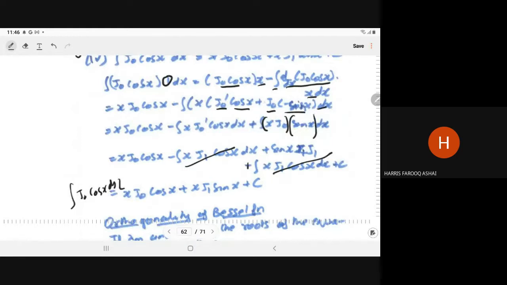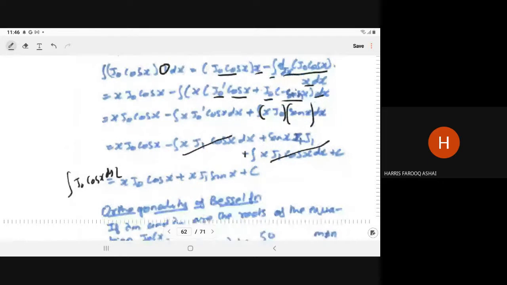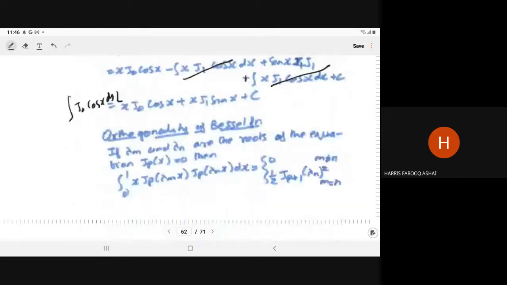Then, as we have the orthogonal property for the Legendre polynomial, in the same way we have the orthogonality of the Bessel function. The proof is in the book also, but due to time scarcity the proof is not in the course, because this time we are getting only 37 lectures. So we are not covering the proof. Just assume the statement of the orthogonality of the Bessel function.